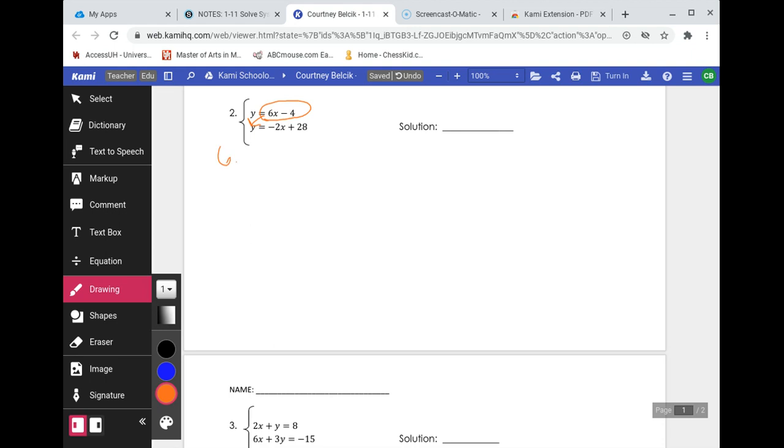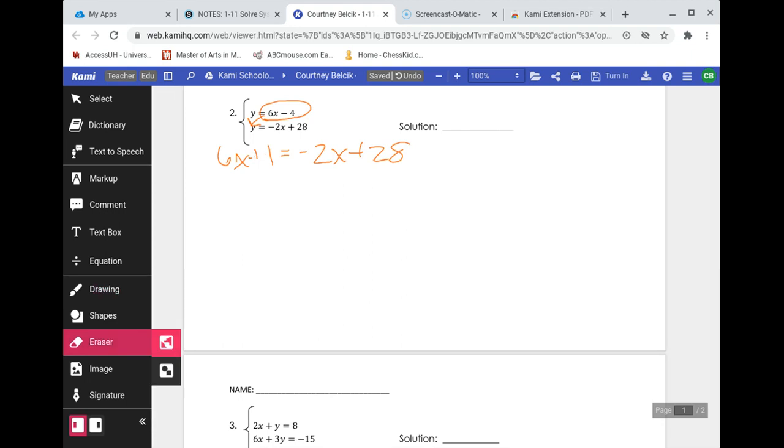So I have 6x minus 4, there we go, equals negative 2x plus 28. Let me go ahead and fix this. I feel like this definitely does not look like minus 4, huh? There we go. Okay, so I'm going to move my variables to the same side of the equation.